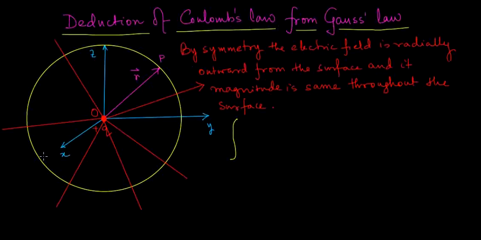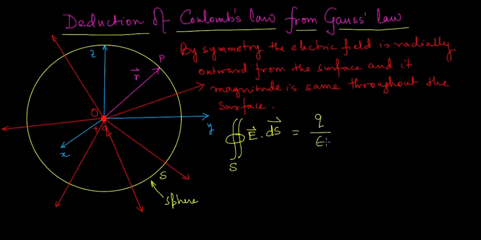So if we take this sphere as the closed surface, and all the electric fields are radially outside, so this Gauss law will state that the closed surface integral of E dot ds for the closed surface S will be the total charge contained within divided by epsilon 0.